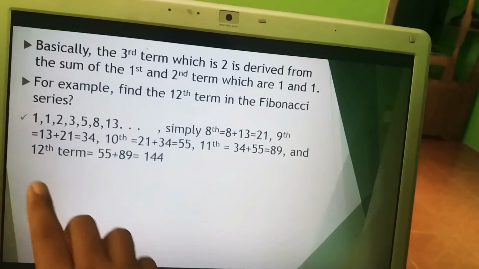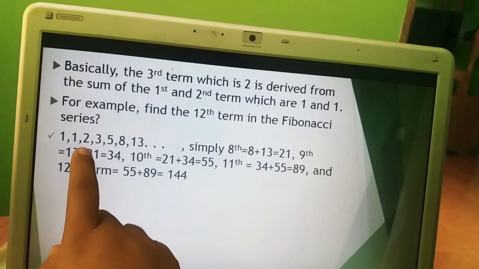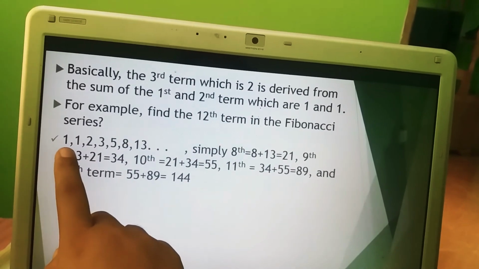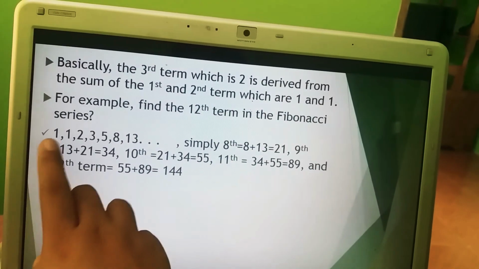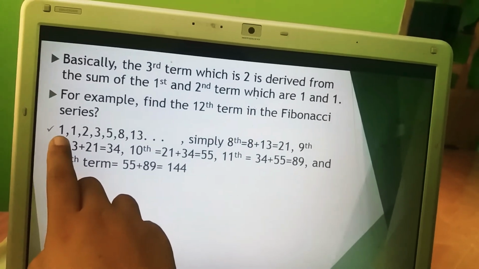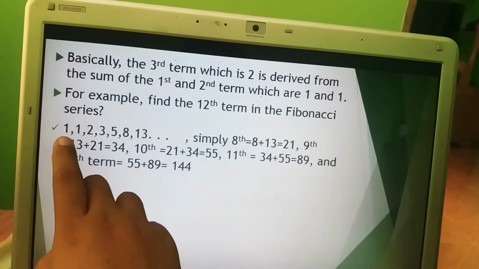Ganun lang kasimple. I-add mo, para makuha yung pangatlo, ganito kasi yung nangyari dyan. We have 0, 0 plus 1 is 1, 0 plus 1 is 1.